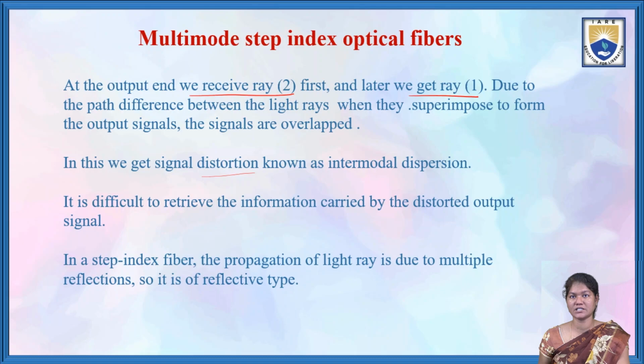So there is a distortion because the output is not coming at the same time. Because of the less angle and fewer reflections, it takes a short time, so ray 2 comes first and ray 1 comes later.